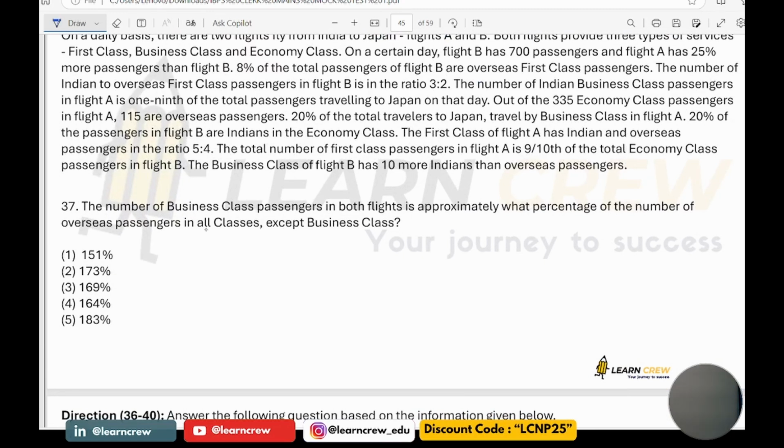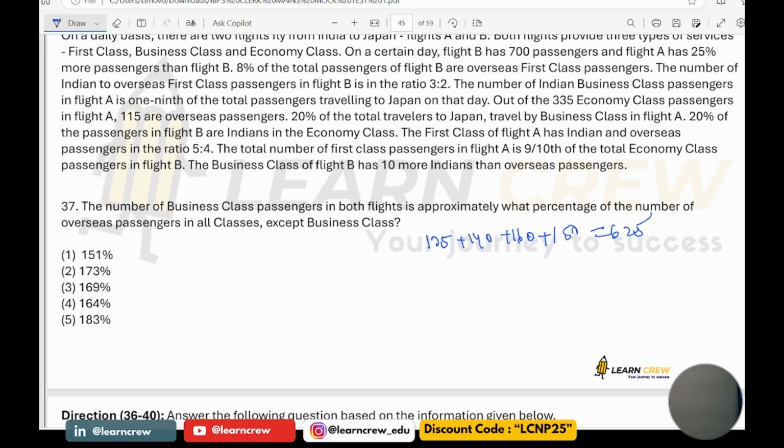Next, the total number of business class passengers in both flights is approximately what percent of the number of overseas passengers in all classes except business class? The number of business class passengers in both flights is 175 plus 140 plus 160 plus 150, which is 625.